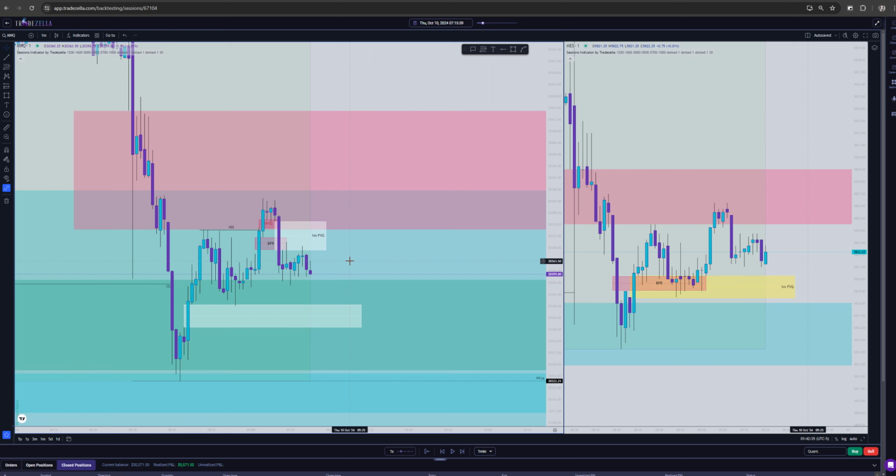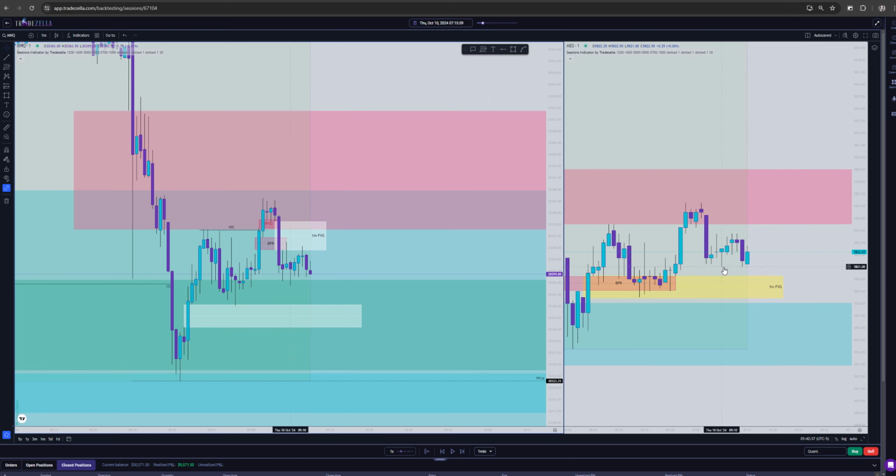Boom. Okay. And then we also have this 1 minute fair value gap that looks like it's getting respected. Different color coordinations. But yeah. And then we have this fair value gap that got respected as well. Boom, boom, boom. So I just want to see what's happening here.